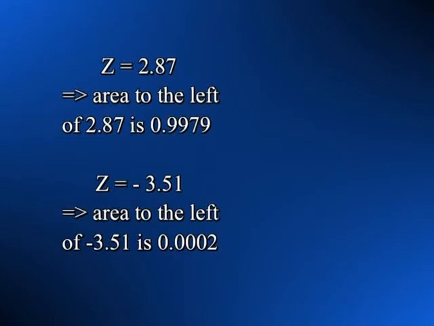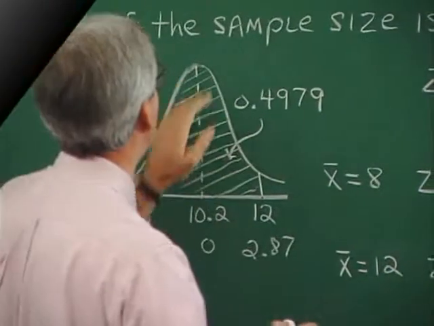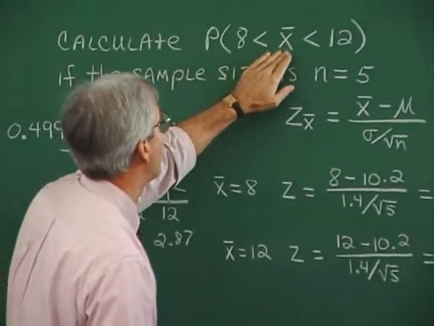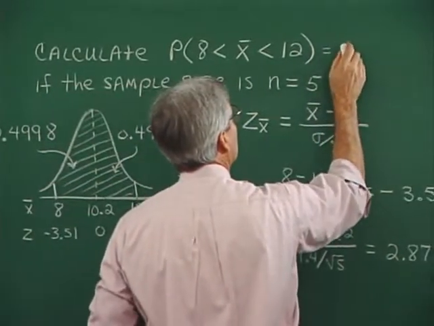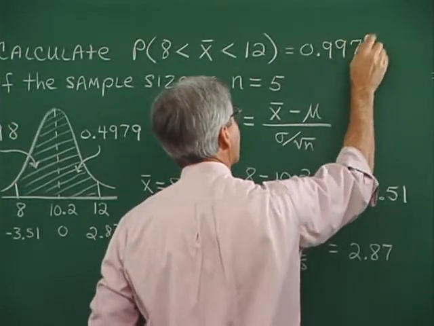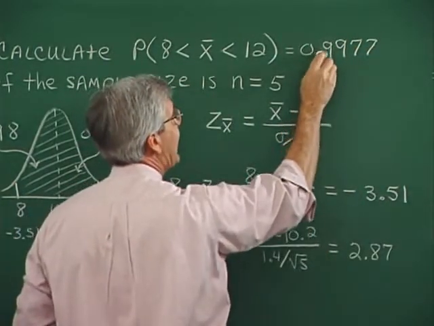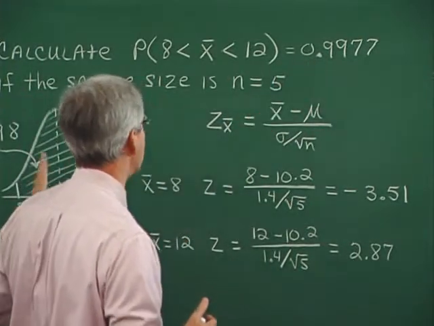So 0.0002 for the area to the left of negative 3.51. Now we want the difference, and we find that difference to be 0.9977, and we know that corresponds with a probability. So the probability that an x bar value will lie between 8 and 12 is 0.9977. That's over 99% probability that our x bar is going to fall within this range.